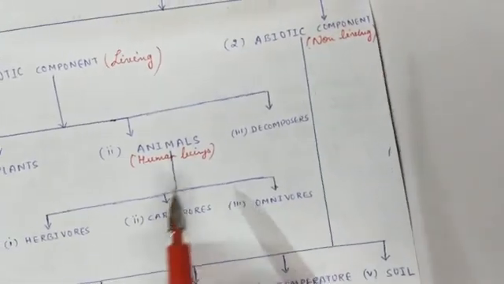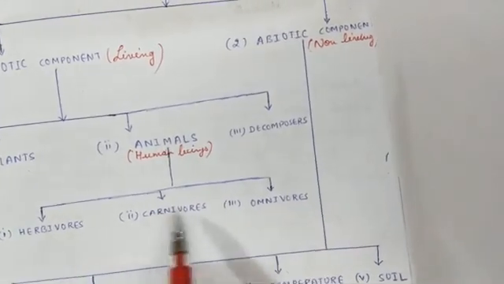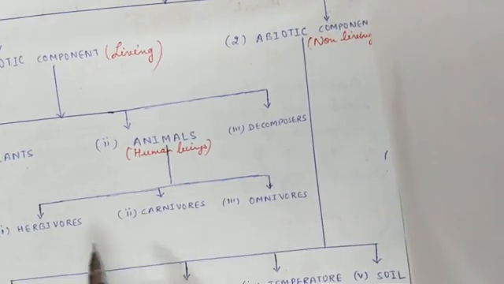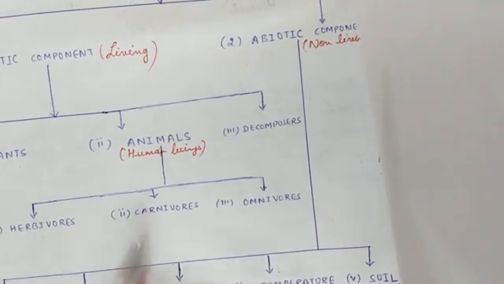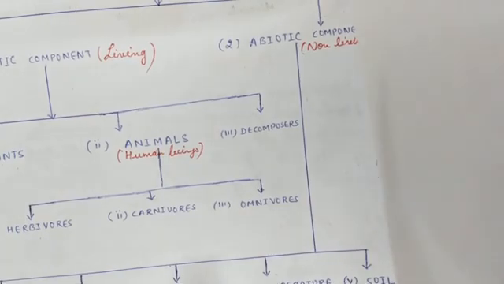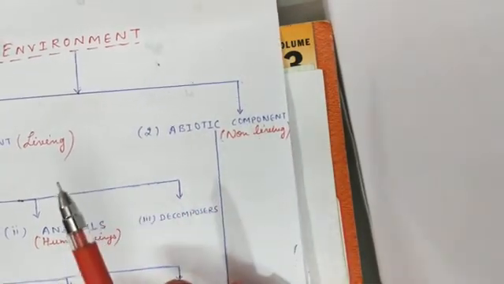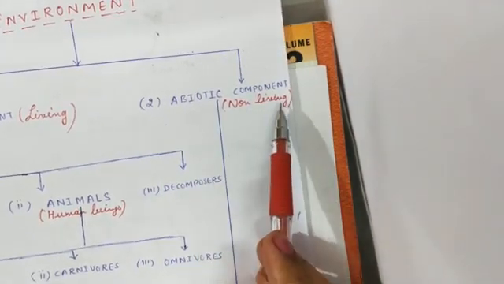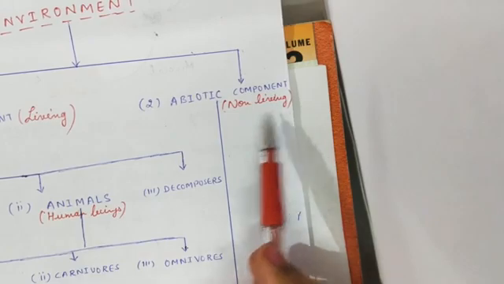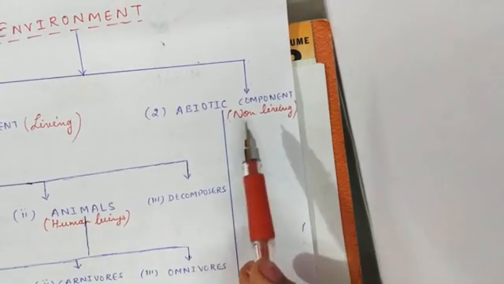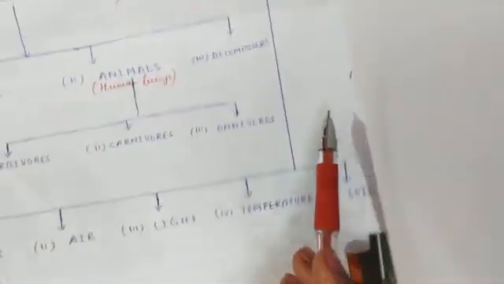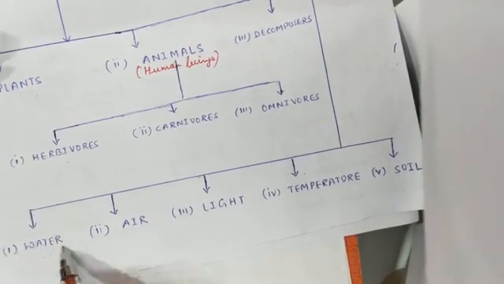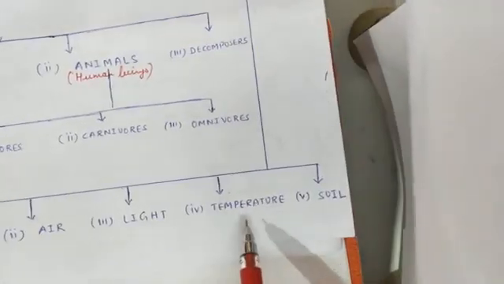And these animals can again be of three types: herbivores, carnivores and omnivores. And if we talk about the abiotic component, that is the non-living natural components of the environment with which the living beings interact, they can be water, air, light, temperature and soil.